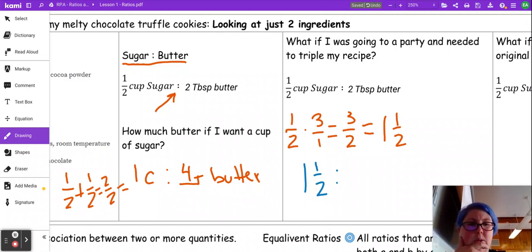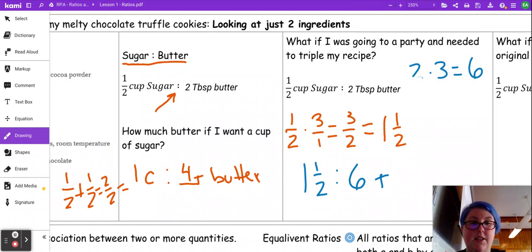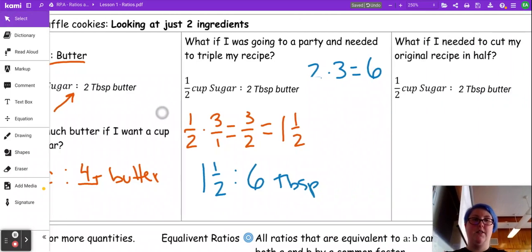Well, if we did it to the sugar, we got to do it to the butter. So our butter is 2 times 3 equals 6. So that's 6 tablespoons of butter. So for every 1.5 cups of sugar, we're going to have 6 tablespoons of butter. See, just that easy, folks.